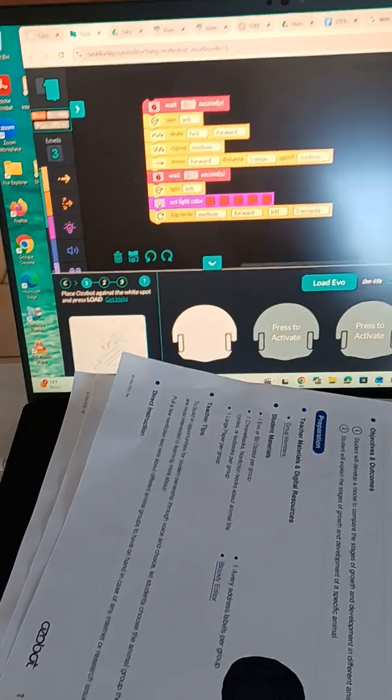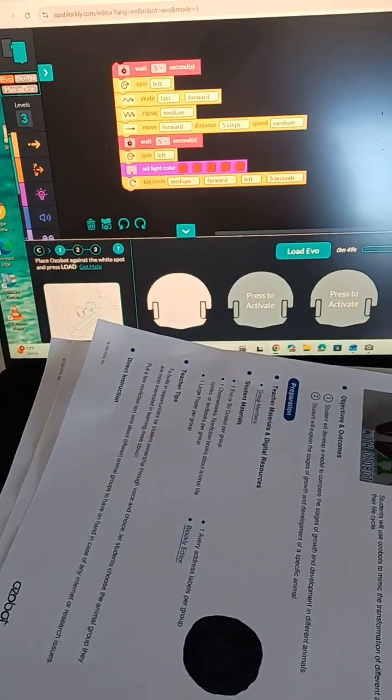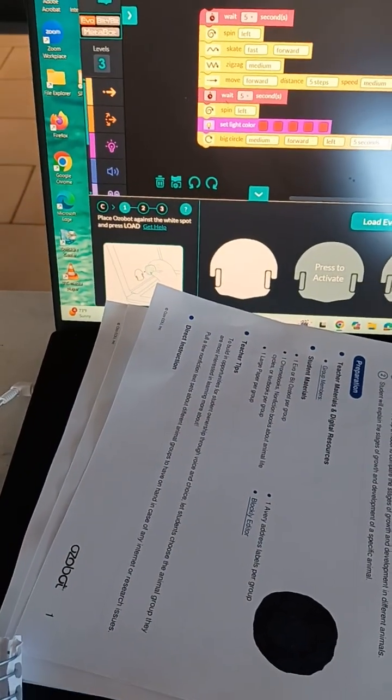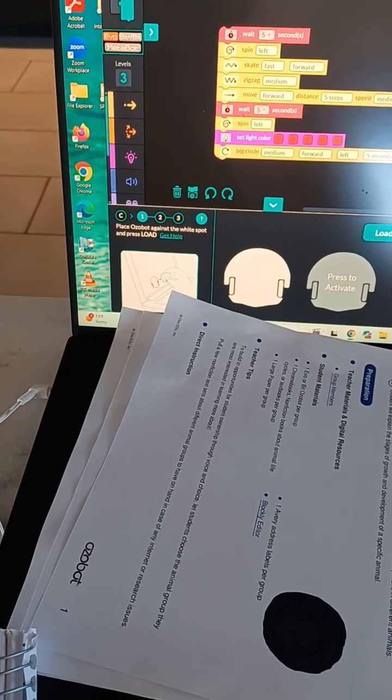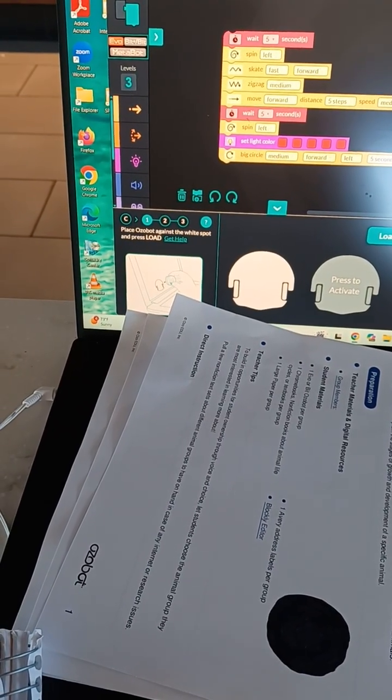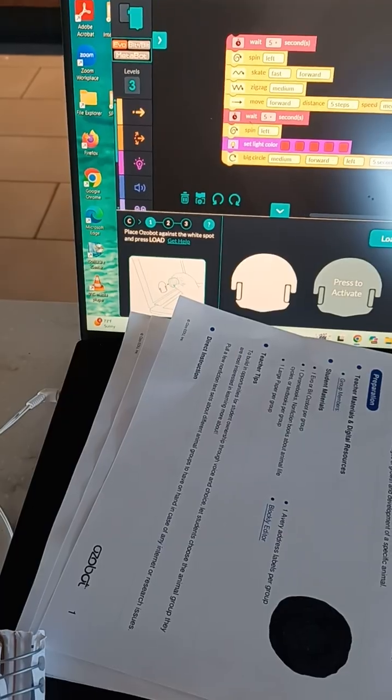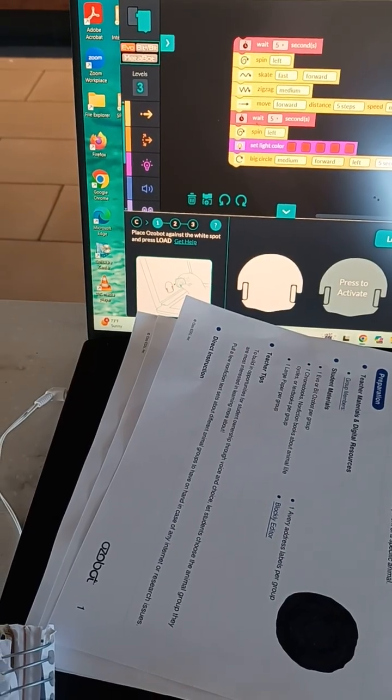And then critiques for this. Let me pull this up. Oh yeah, the marker. It was hard to use the marker for the Ozobot, so I could see that being hard for some students.